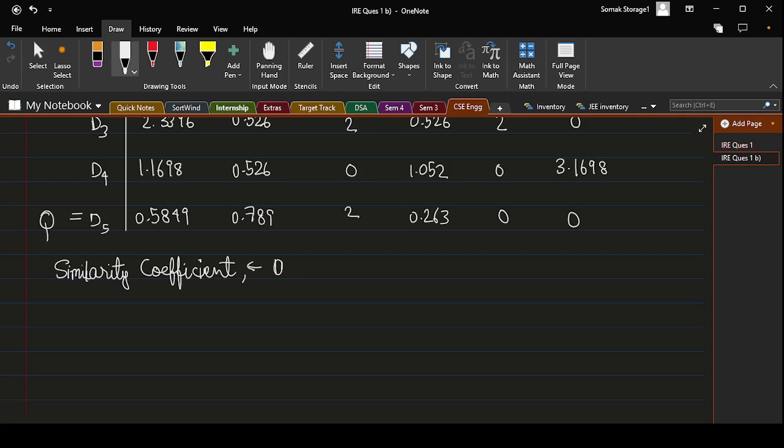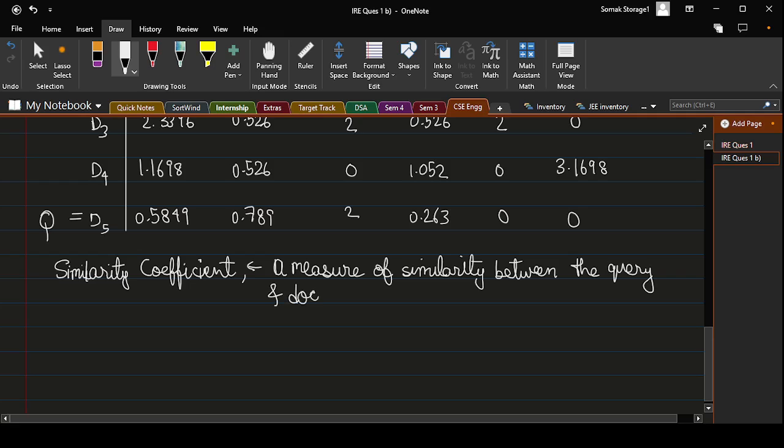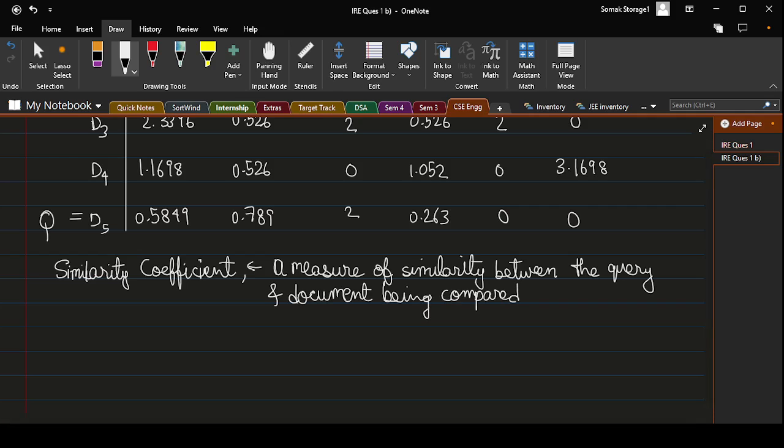So what is the similarity coefficient? This is a measure of similarity between the query and document being compared, right?